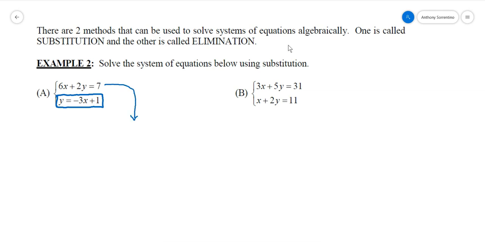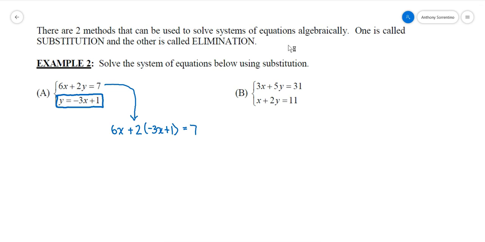So I'm going to rewrite this as 6x plus 2 times y. Now y is negative 3x plus 1. So I rewrite the top equation replacing y with what it equals in terms of x.